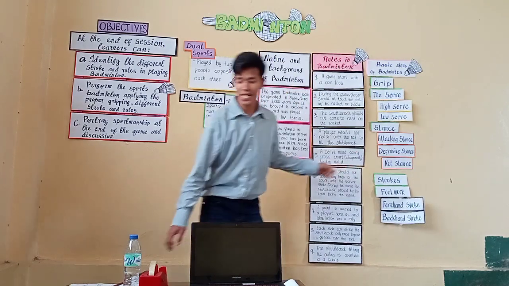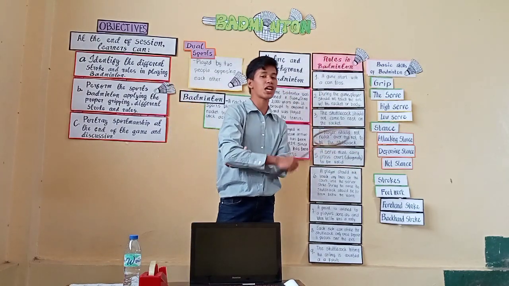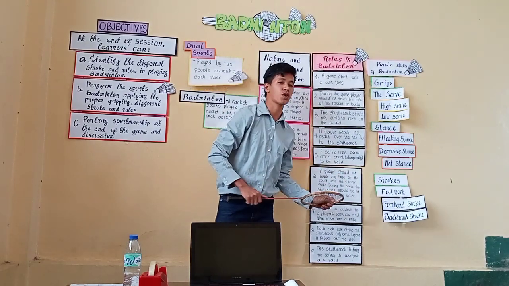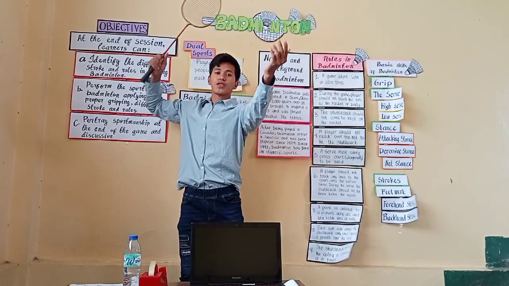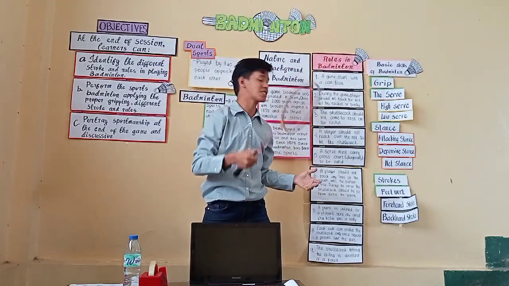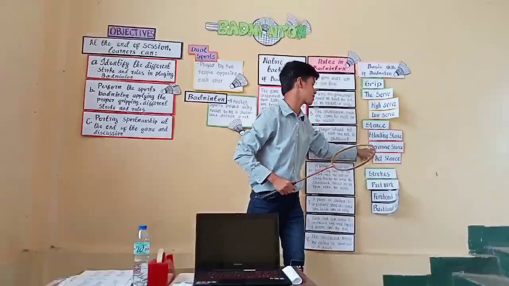When you say attacking stance, you either smash the shuttlecock or hit it to the opponent. Your stance will be like this for you to prepare in case the shuttlecock comes to you. Next is defensive stance.